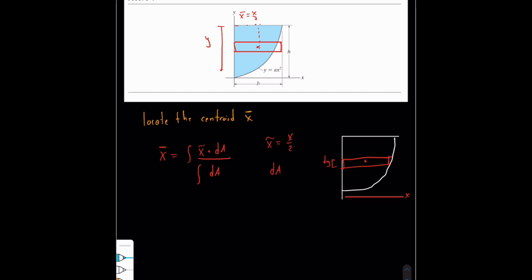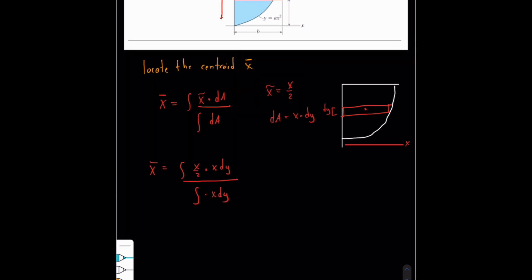So that makes our area equal to x times dy. Okay, so we have everything to plug into these equations here. I'm going to go ahead and do that right now. It equals the integral of x over 2 times x dy divided by the integral of x dy.